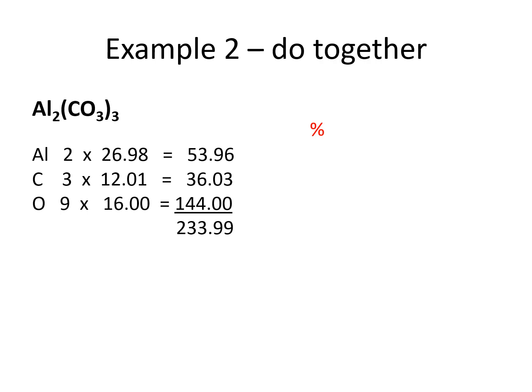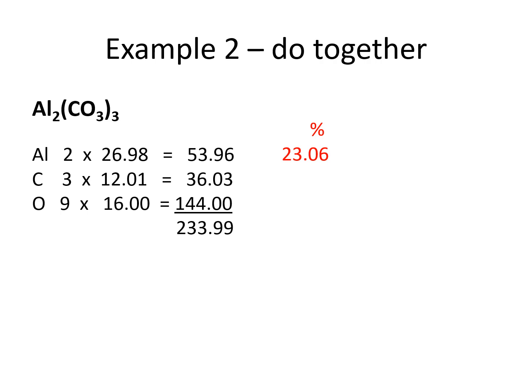Then take each one of the totals, so the 53.96, 36.03, and the 144, each separately, and divide those by the total for the whole compound, the 233.99, times 100. Then round to the hundredths place. So 53.96 divided by 233.99 times 100, rounded to the hundredths place, I got 23.06.